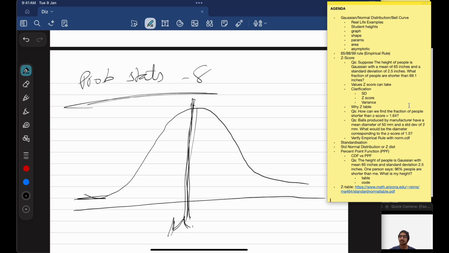Before I proceed explaining this, the reason why this is so common, and rather the most important distribution in statistics, is because it appears in real life a lot. For example, if you take humans and plot the heights of a sufficiently large data set, it'll take a bell curve like this.